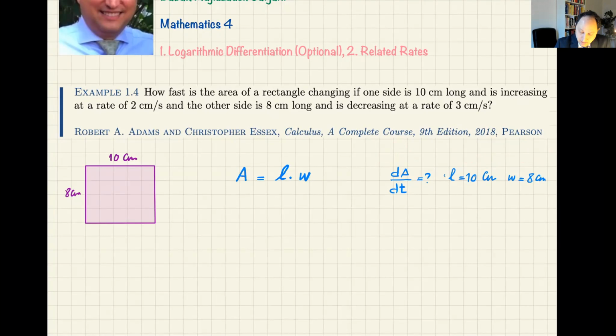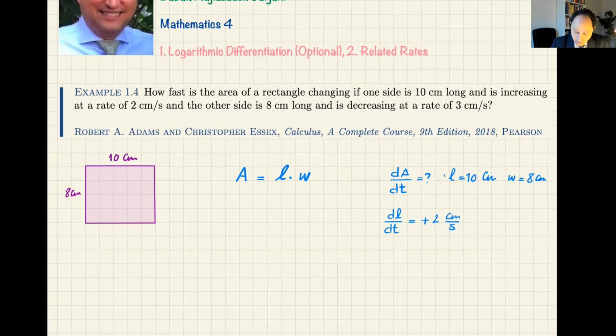The length is increasing at a rate of 2 centimeters per second. So dL/dt, this is the rate at which the length is changing, is positive 2 centimeters per second. Why positive? Because it's increasing.